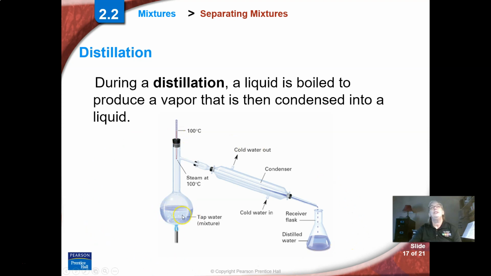We boil the mixture together, and then the one that will boil at a lower temperature will turn into steam first, and then we can put it through this thing, let cold water touch that vapor, and then it turns back into a liquid again, and then you can grab it. And then over here we'll have the one component, and over here we'll have the second component. So we can separate two liquids that way by distillation.